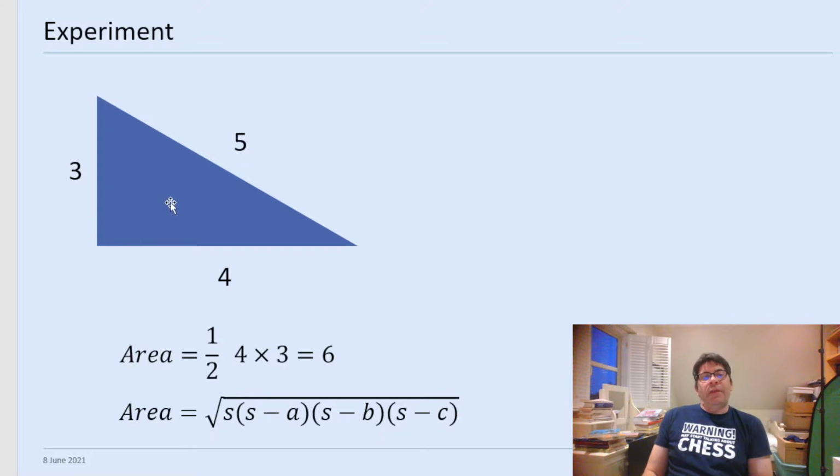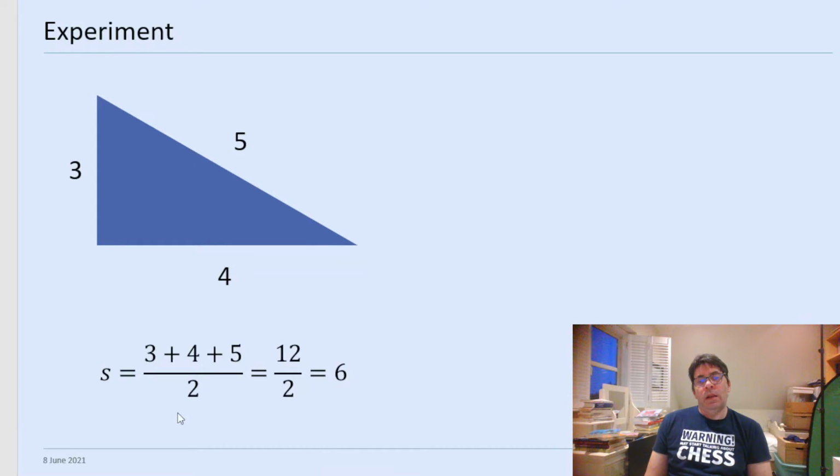So let's say it was a 3, 4, 5 right angle triangle. The area would equal a half times 4 times 3, which is a half of 12, which is 6. Let's use Hero's formula. In this case, s would be a half of 3 plus 4 plus 5, that is 12 over 2. s would be 6.